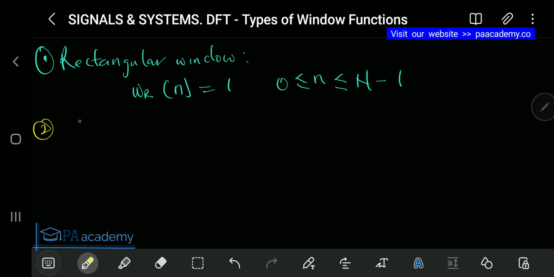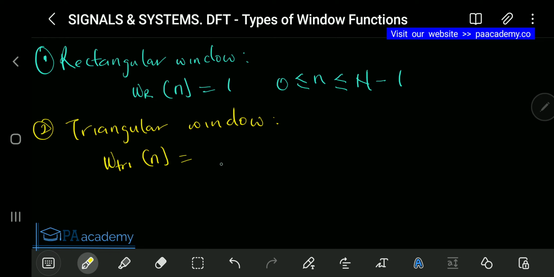For the second one we are going to be talking about, the triangular window. For that we have W triangle equals 1 minus the absolute value of (2n minus capital N plus 1) over N minus 1.